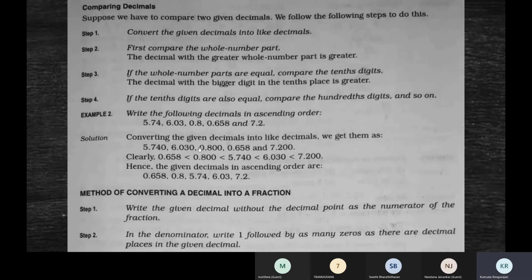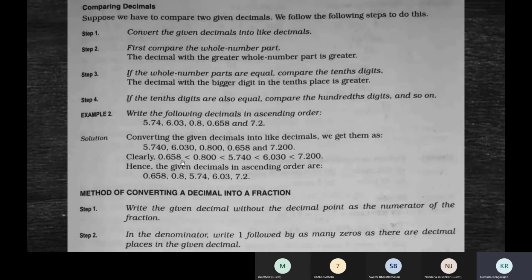See, now you should compare. First look at the whole number part: 0, 0. You cannot decide anything. Now come to the decimal part. The first digit is 8 here, and here the first digit is 6. Straight away, 6 is small, so this decimal is the smallest.